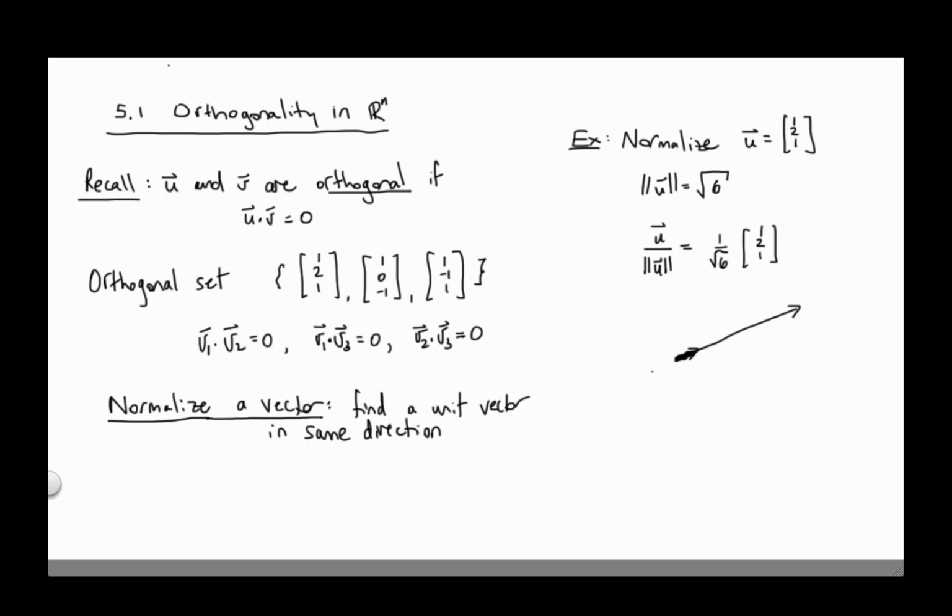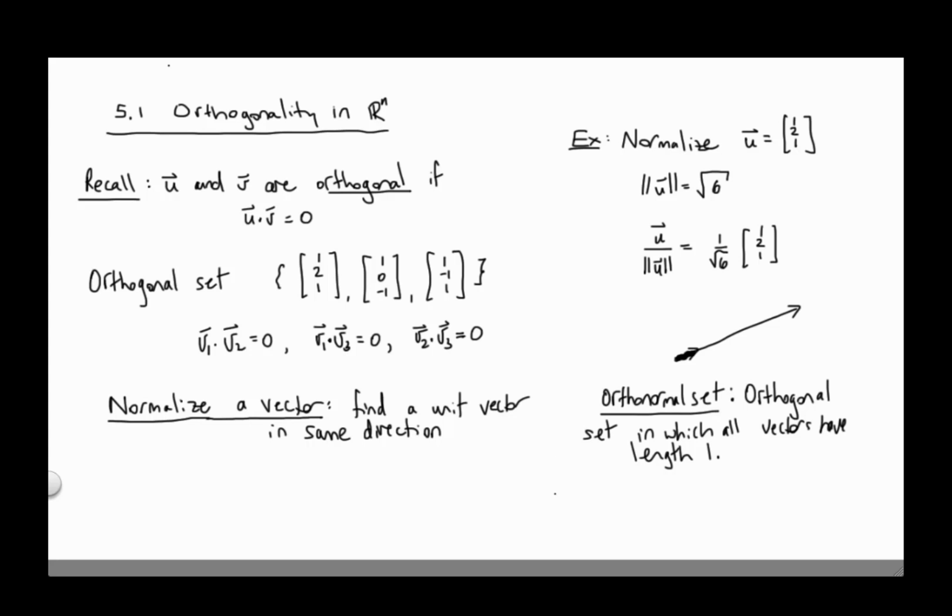Okay, and then from there we can define an orthonormal set. So an orthonormal set is an orthogonal set in which all vectors have length 1. So when we say orthonormal set, we mean all pairs of different vectors in that set are orthogonal, and we also mean that each of the vectors in that set has been normalized so that the length is 1.